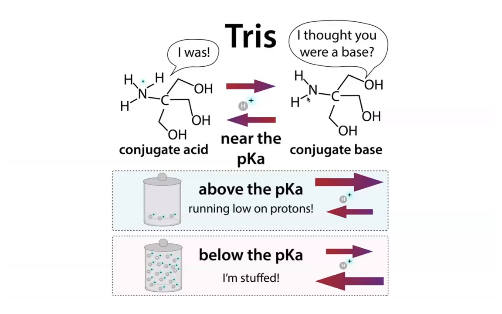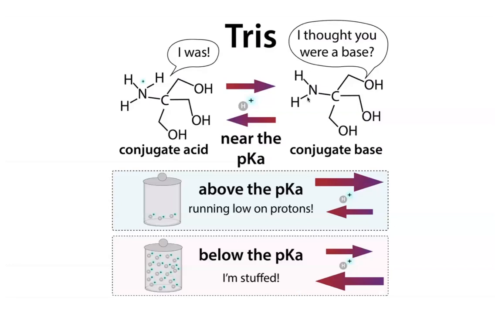And so this is why when we choose a buffer, we want to use a buffer that has a pKa as close as possible to the pH that we wish to stabilize, because that's when we have the best buffering capacity. There's about plus or minus 1 pH unit where you still have tenfold more of one of them.